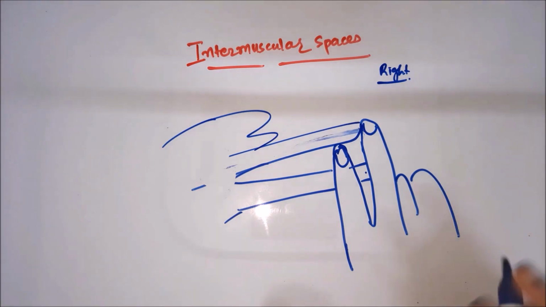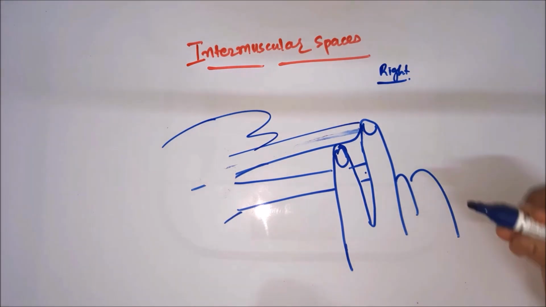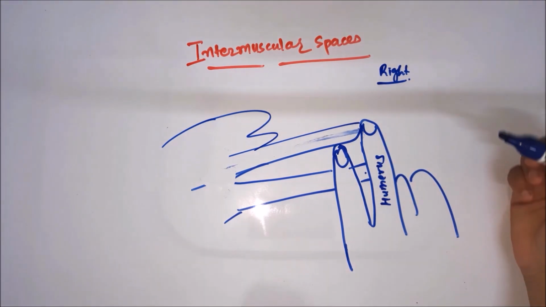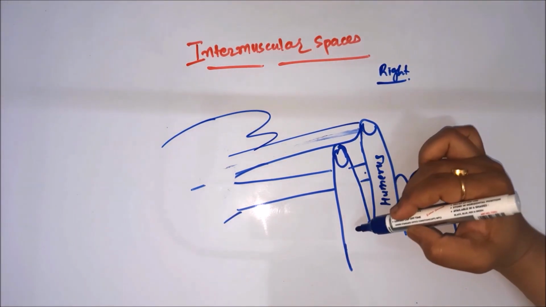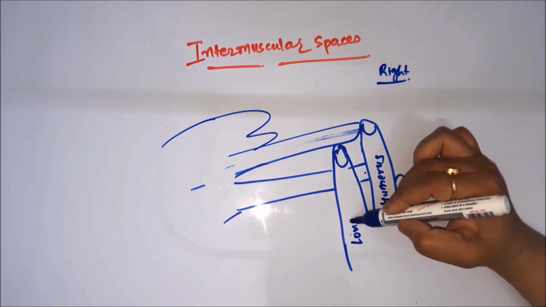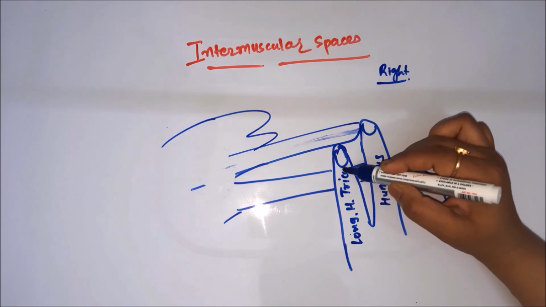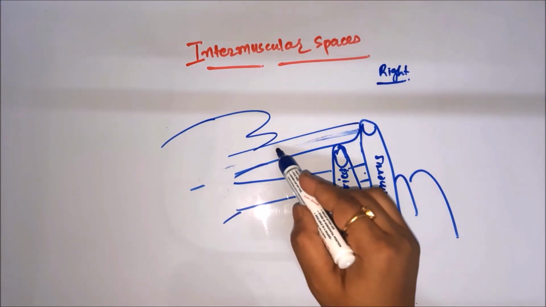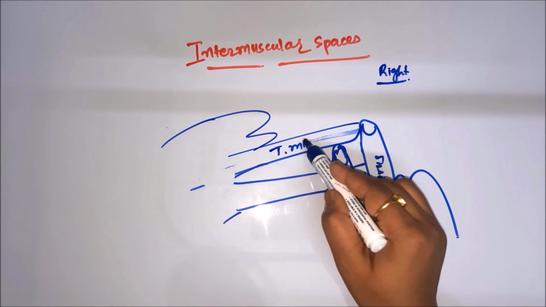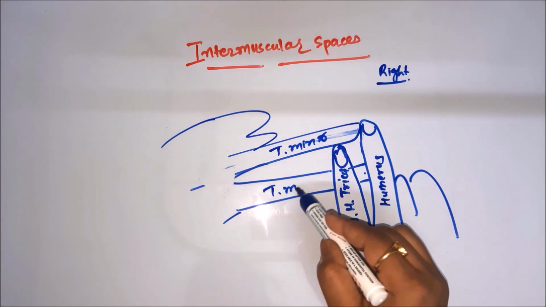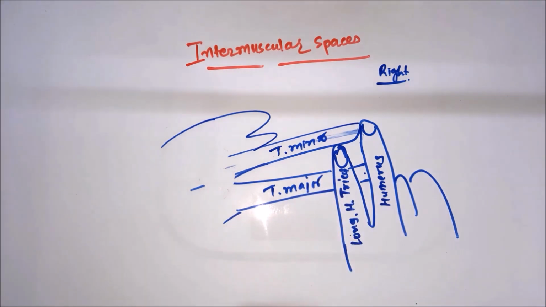Suppose this is our humerus. This is the long head of triceps. This one is the teres minor muscle, and this is the teres major muscle, right?